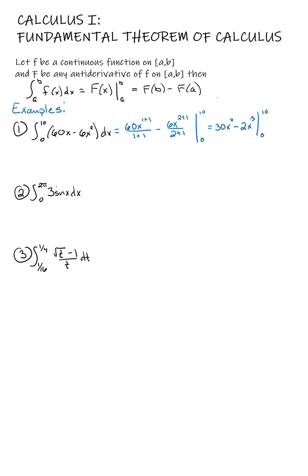from 0 to 10. So that notation tells us we will take 30x squared minus 2x cubed, evaluate that at 10, minus, then we're going to take that whole expression and evaluate it now at 0.